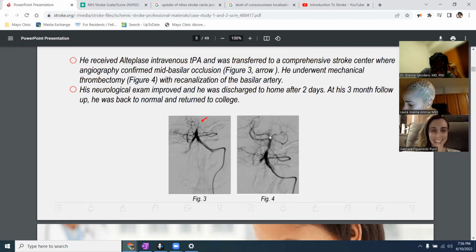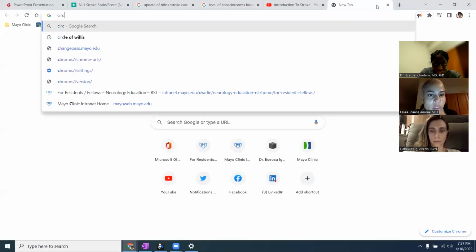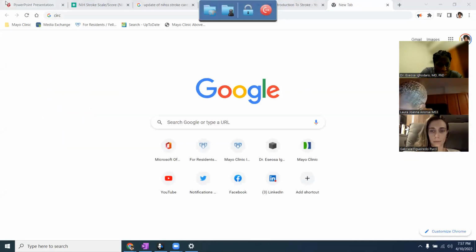So I know that this is in the geography. Basilar. I feel that this is the posterior circulation, and this is the superior cerebellar, and then we have what comes off. So we have superior, then we have inferior. Oh yes, I used to know this. Let me pull this up. The circle.